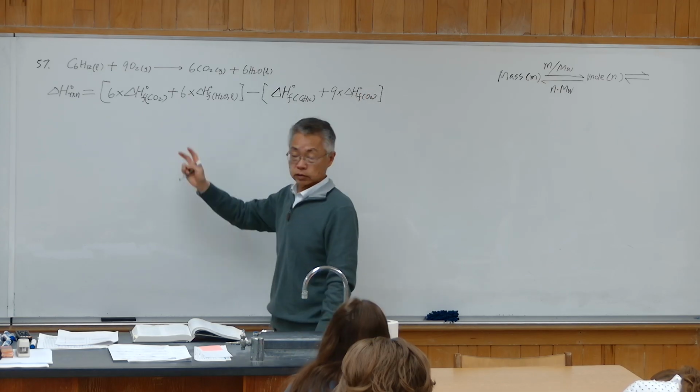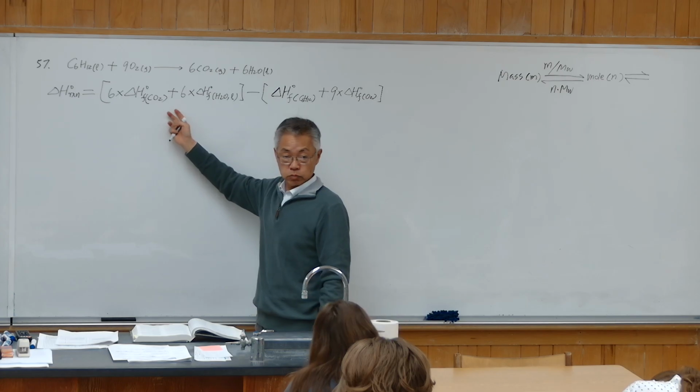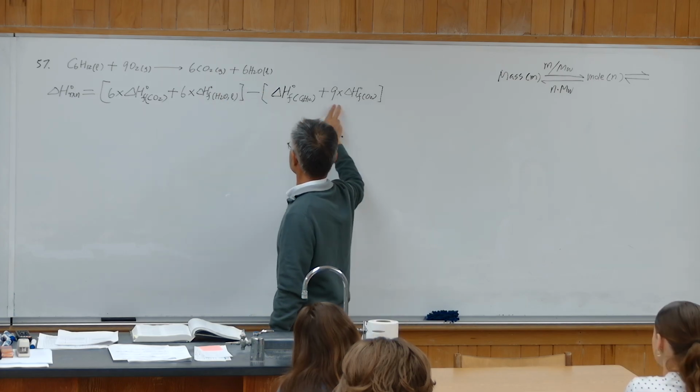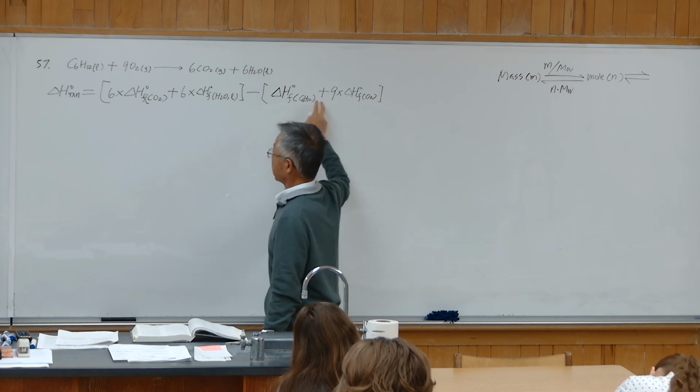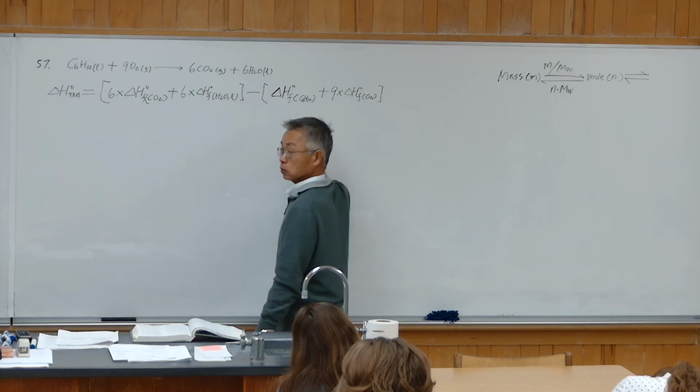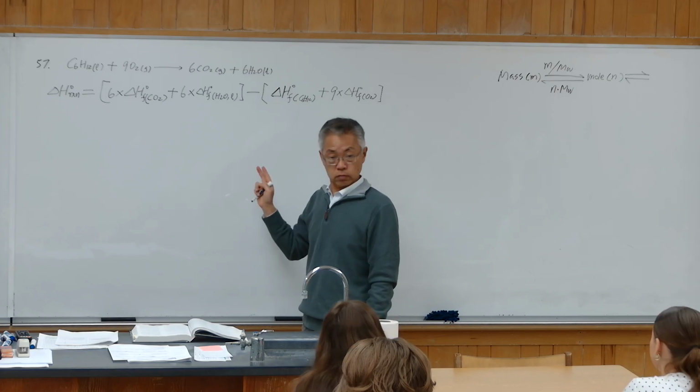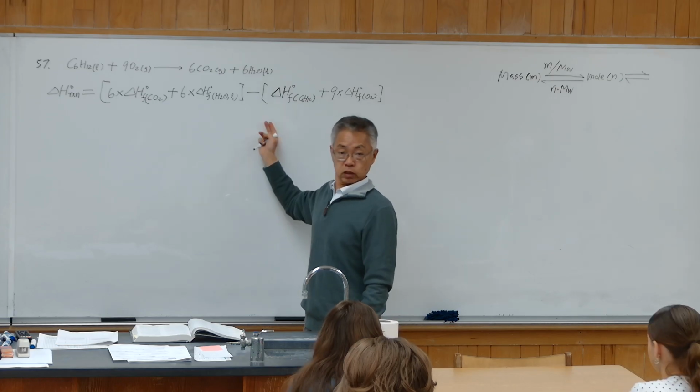Right. So this is the total standard entropy of formation from products, these two, minus the total standard entropy of formation for reactants, these two. If this is your problem solving, you need to show this work. This is the first step.